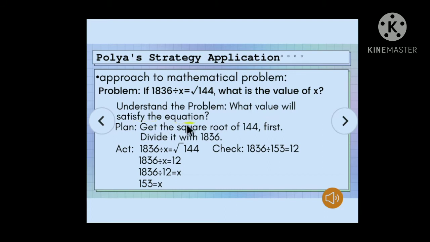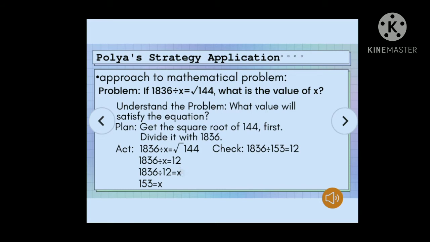Then, we are going to devise a plan to find what we are looking for. As for our plan, we have to get the square root of 144 first and divide 1836 by it. This time, we are going to act out the plan in which we get the square root of 144 first. The square root of 144 is 12. This gives us the equation 1836 divided by a number, represented by x, is equal to 12.